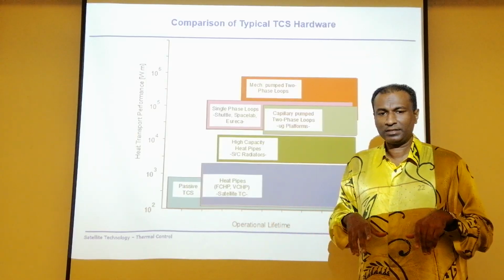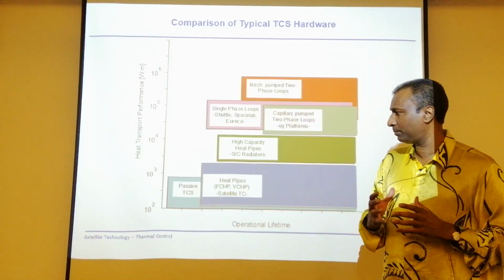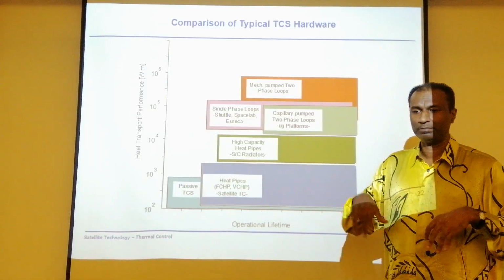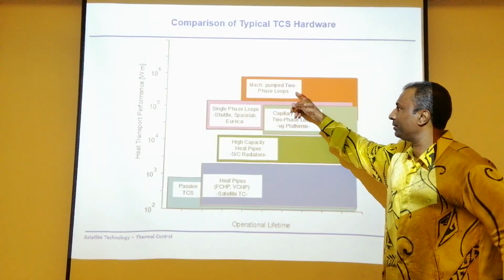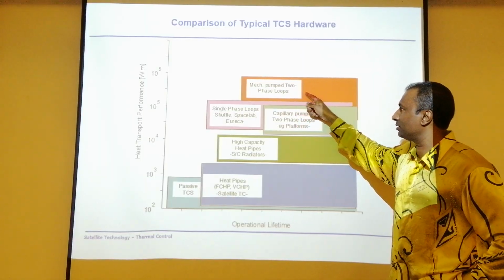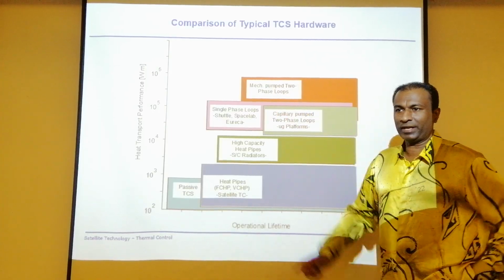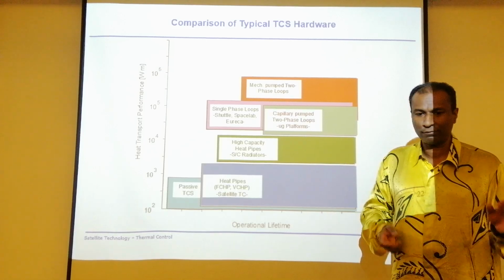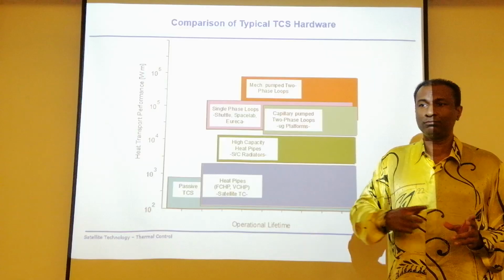Now, if you want a very high amount of heat transported from point A to point B, then you may want to look at the option of having a mechanical pump. You can imagine I have a pump pumping the fluid from A to B. It will be a very fast flow.